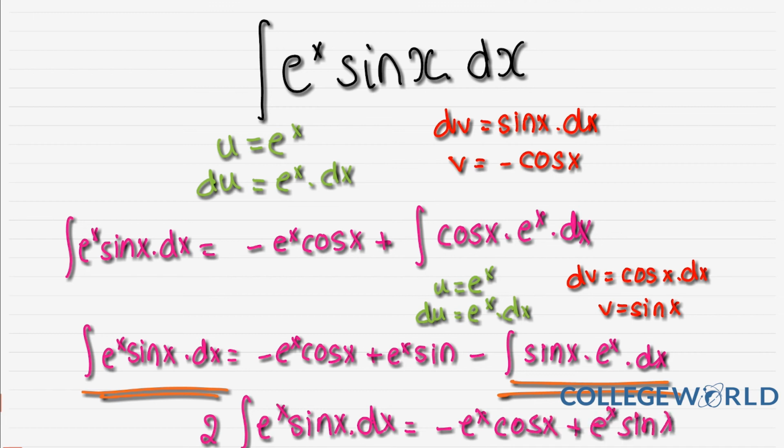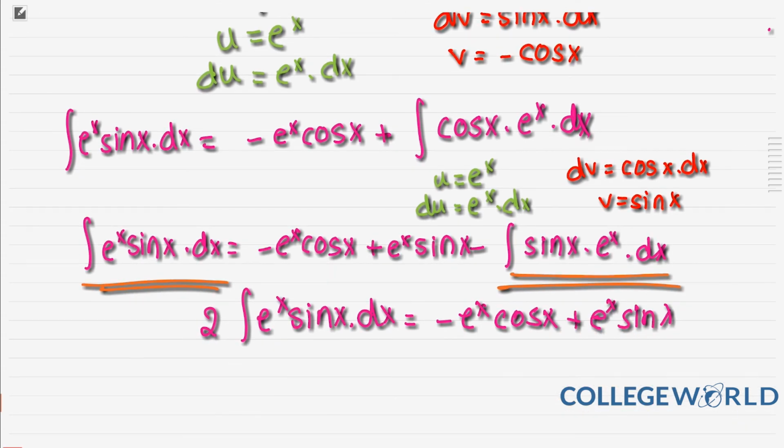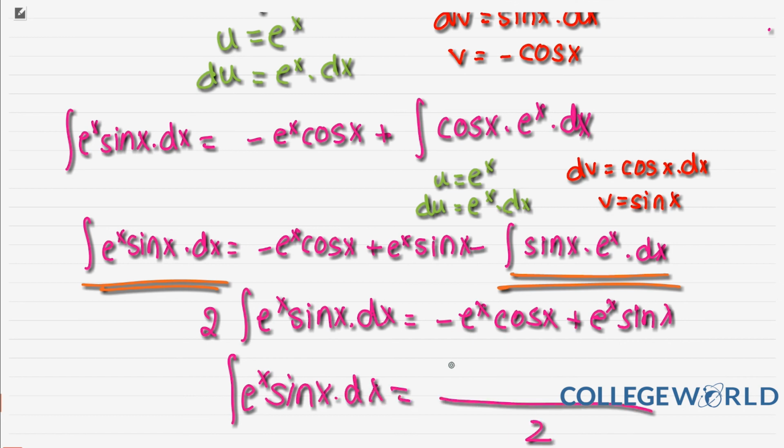And we are trying to find this integral, e to the x sine x dx, and this is simply going to be half this sum, e to the x sine x minus e to the x cosine x, and don't forget your plus c, and that would solve your question.